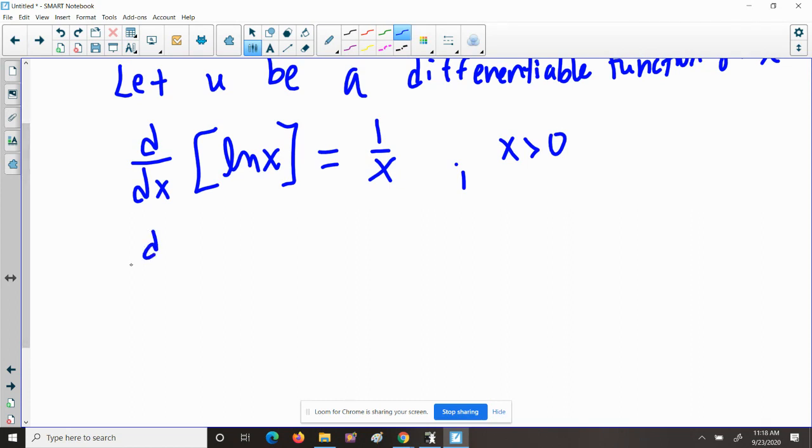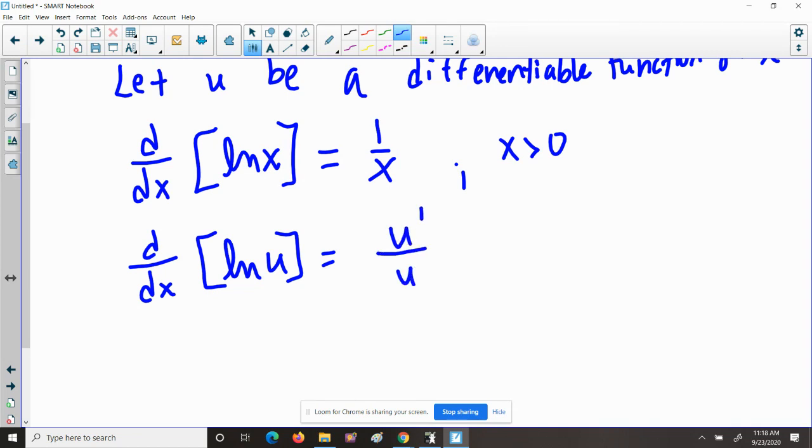The derivative, this is where the u comes into play, of the natural log of u is equal to u prime over u. Again, provided that u is greater than 0.